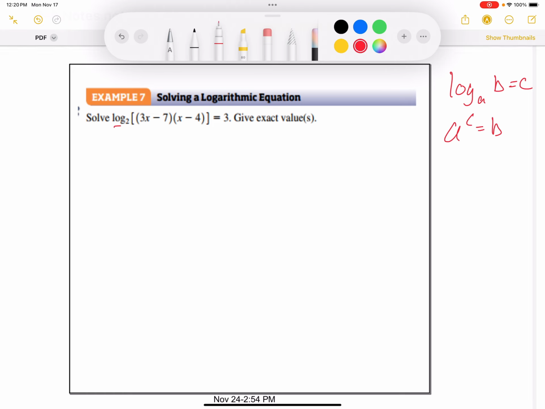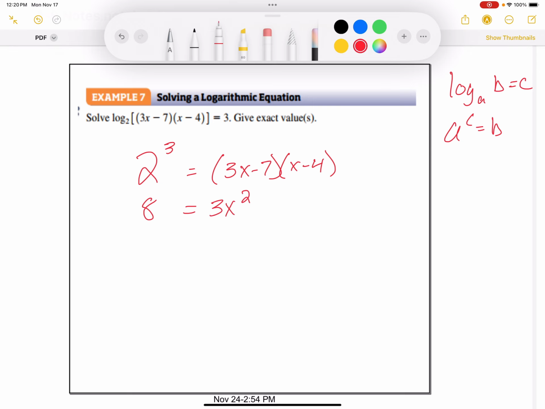It's in this form, log base A of B is equal to C, right? Although it looks complicated, it's still in that form. So I can switch it and say this is 2 to the third power equals 3x minus 7 times x minus 4. That's 8 equals 3x squared.